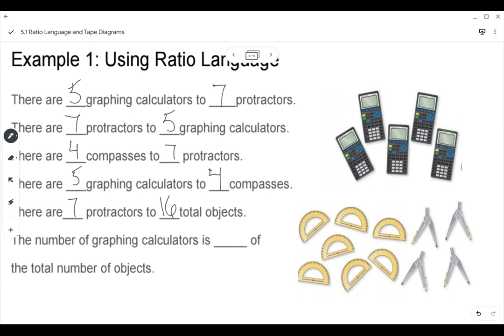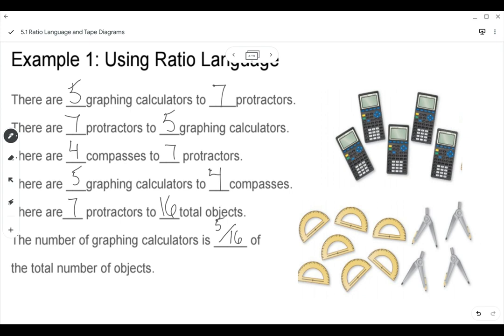Since we're talking about the total, we can also use a ratio to represent it as a fraction. So the number of graphing calculators is 5 16ths of the total, or 5 calculators out of the 16 objects. That denominator means the whole of the objects.